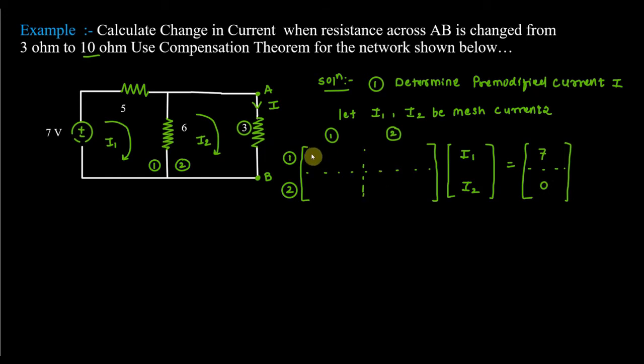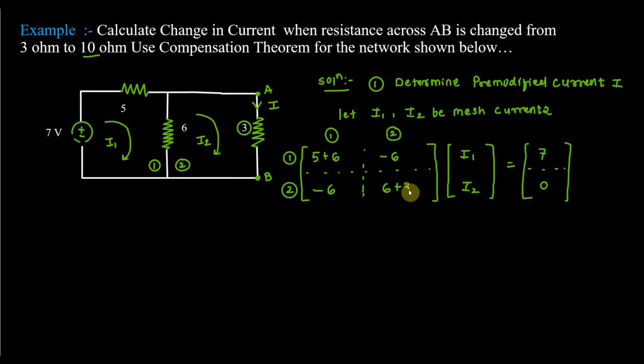Now this is the first element Z11, the sum of the elements present in mesh 1. There are 5 and 6, so it is 5 plus 6. Z12 is the element common to the first and second mesh, 6, and as it is non-diagonal, it is minus 6. This is also minus 6. Z22 is the sum of the elements present in the second mesh, so it is 6 plus 3.